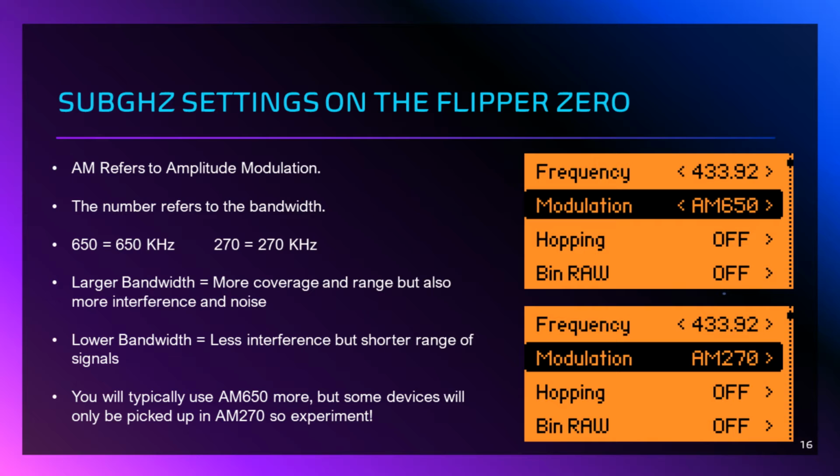But once you can get that signal dialed in, going for this lower bandwidth will actually provide you a cleaner signal because it'll have less interference and less noise. But if you need more range, then 650 will be where you're at, and I would say that'll be most of your searching at first.